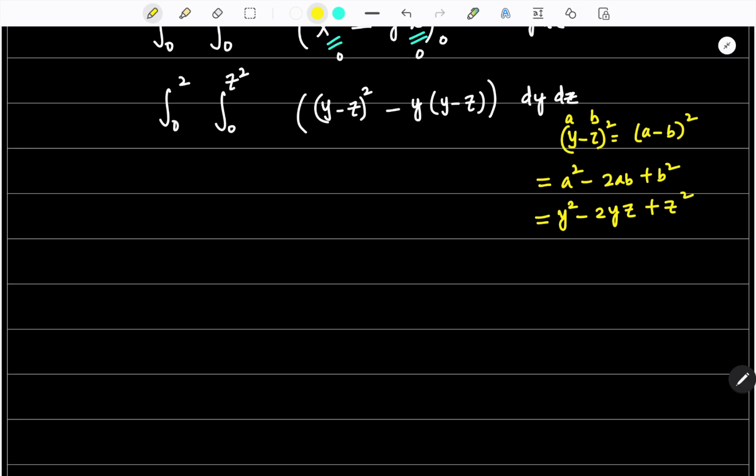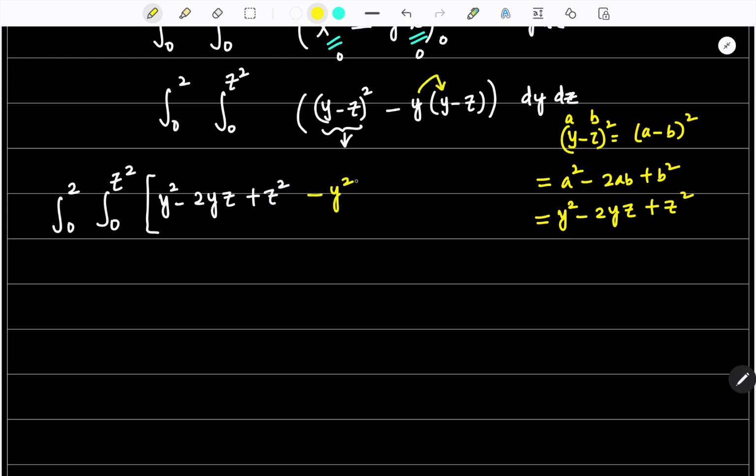Now I'm going to put this inside: integral 0 to 2, integral 0 to z square, bracket open, y square minus 2yz plus z square. After that, I multiply this one, minus y square, minus of minus, which is plus yz, and then close the brackets, dy and then dz.